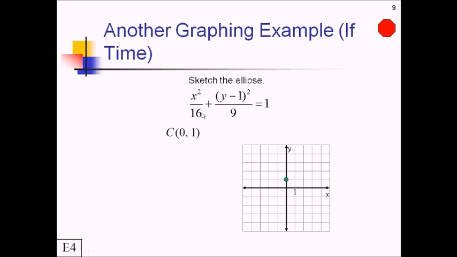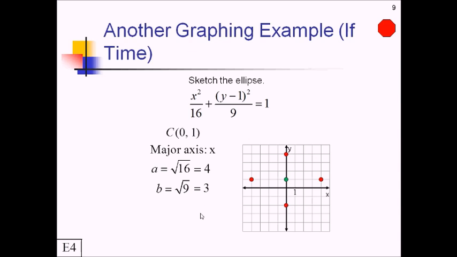Major axis x for this one, because our x values have the larger denominator. So the a value is going to be the square root of 16, which is 4. Since it's major axis x, that means we're going 4 to the left and 4 to the right. For our co-vertices, that's the square root of the smaller denominator of 9. So that'll be 3. So 3 up, 3 down.